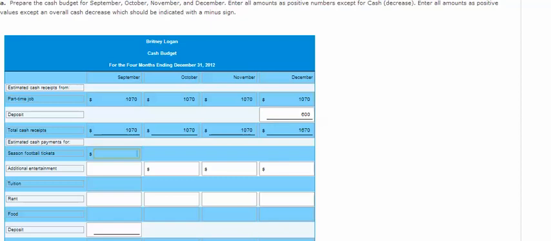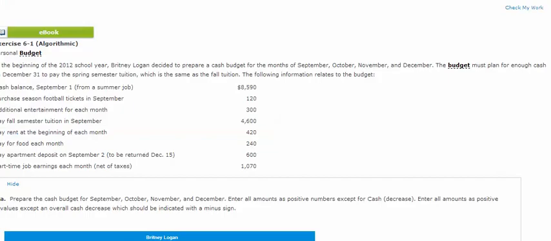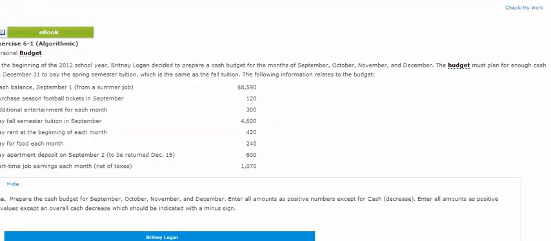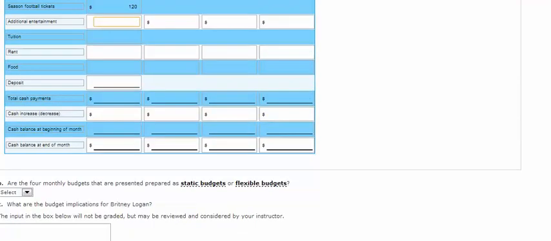Our season football tickets, we paid, what was it, $120? So we'll plug that number in. Our additional entertainment for each month was $300 per month, so we can enter the $300.